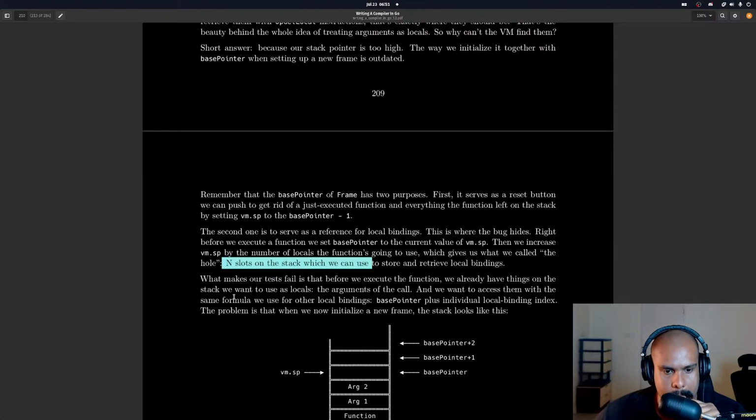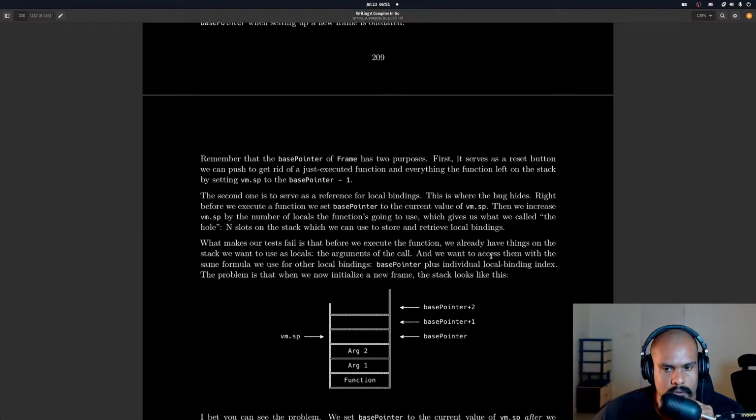Right. What makes our test fail is that before we execute the function, we already have things on the stack we want to use as locals, the arguments of the call. Yep. And we want to access them with the same formula we use for local bindings. Base pointer, yeah.